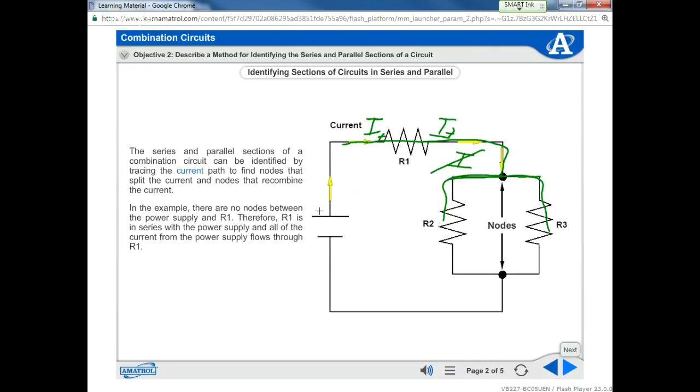Yes. Basically, all the electrons flowing through this circuit at this point, we're going to do red electrons. They're all coming through here, all my electrons. And then when they get here, guess what?